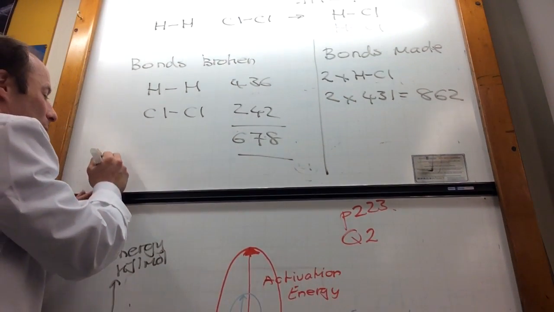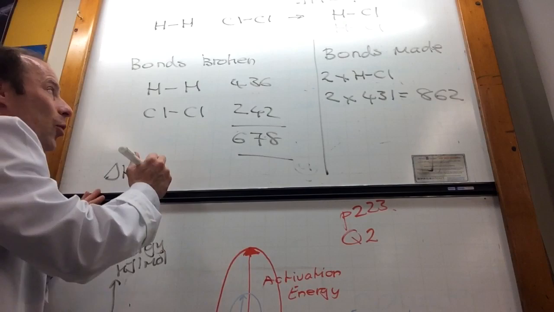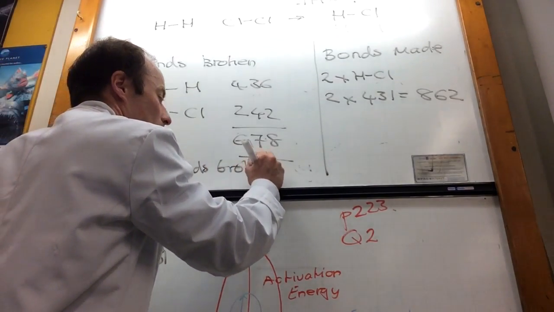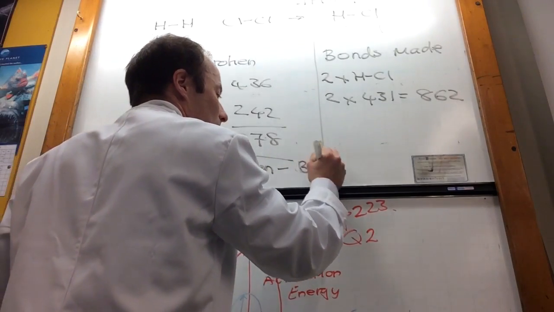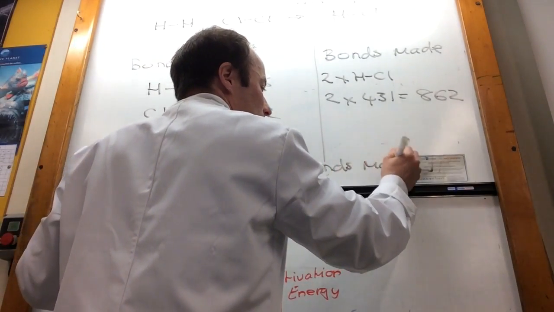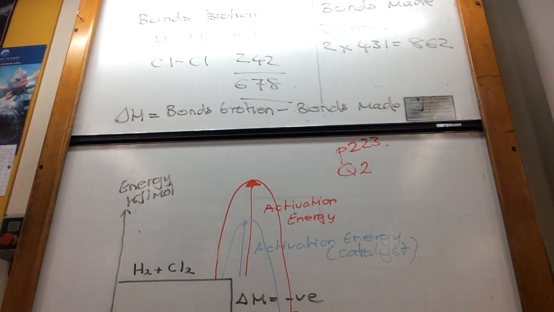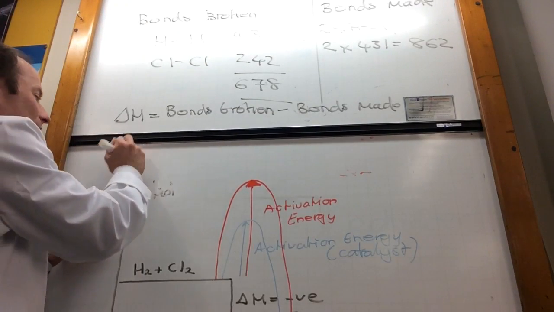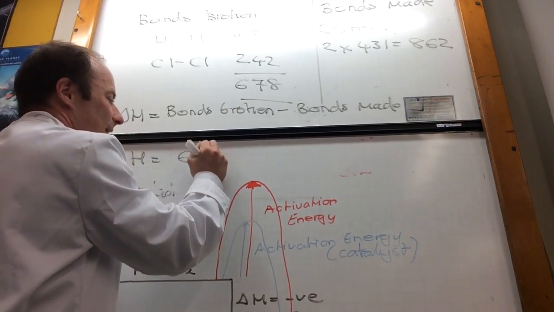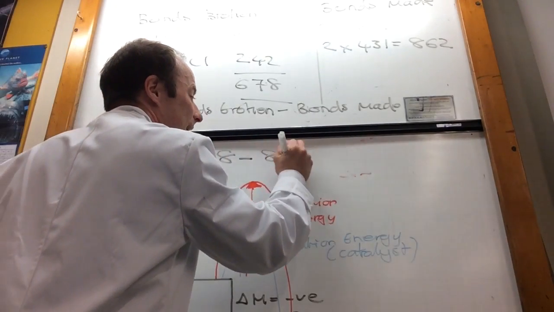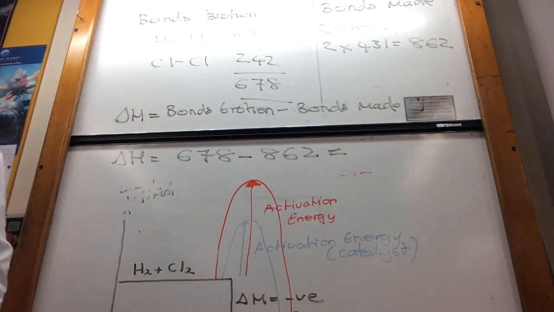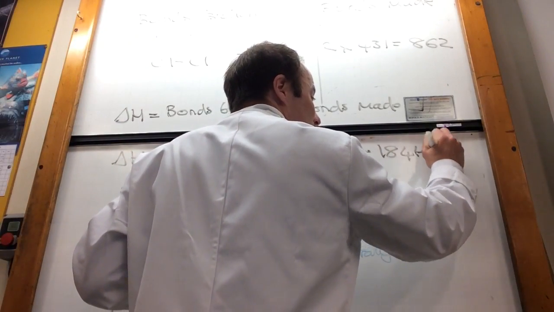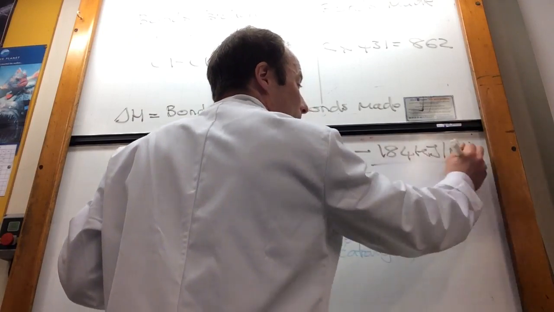So to work out delta H, it's your bonds broken minus your bonds made, which for us is going to be delta H is 678 minus 862, which equals minus 184 kilojoules per mole of energy.